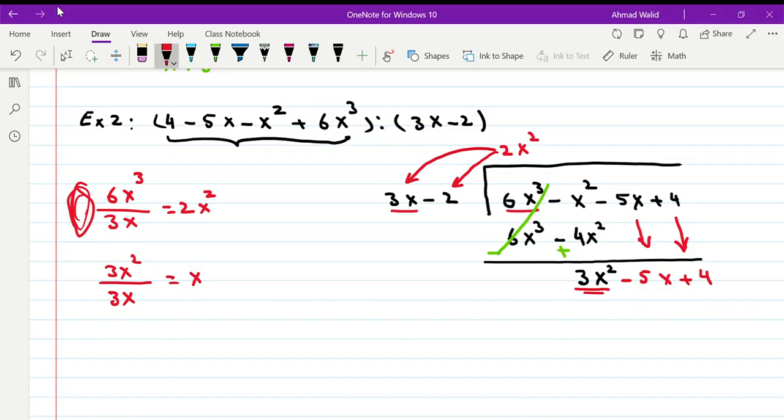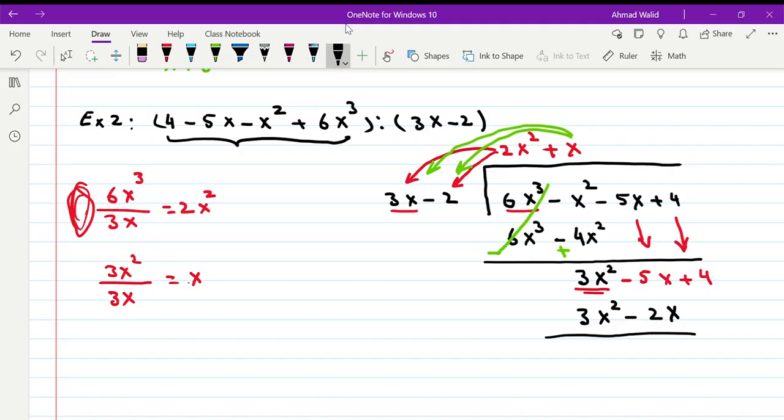Correct? Positive x. I'll write here positive x. Now distribute this x back to these two terms, the green arrows, and write your answer here. X times 3x gives you 3x squared. Positive x times negative 2 gives you negative 2x.